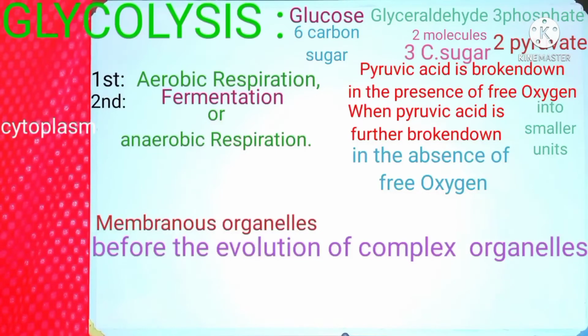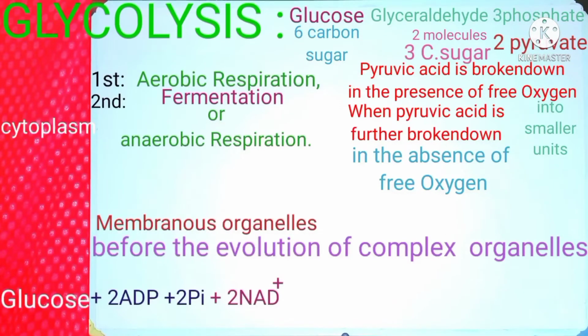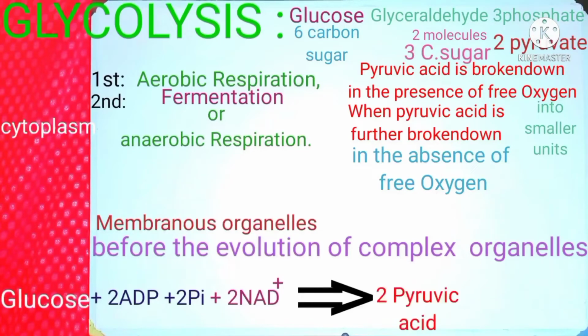The catabolic pathway of glycolysis consists of many steps, each catalyzed by a specific enzyme that we will see soon. The enzymatically catalyzed reactions in glycolysis can be summarized as glucose, ADP, phosphate and NAD that will produce two molecules of pyruvic acid, two molecules of ATP and two molecules of NADH.